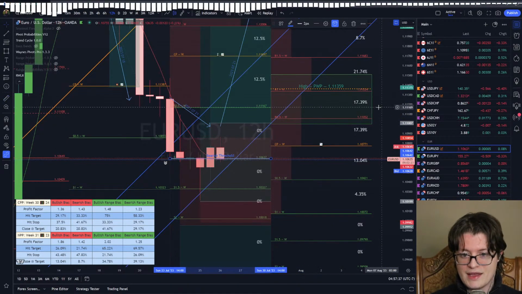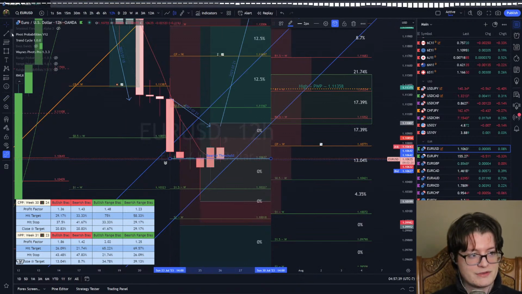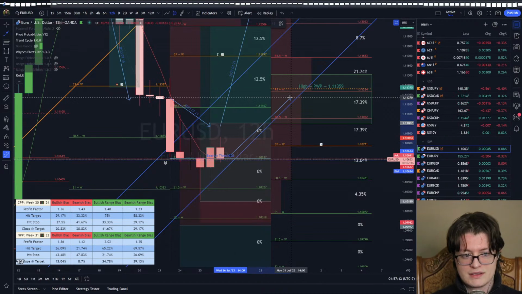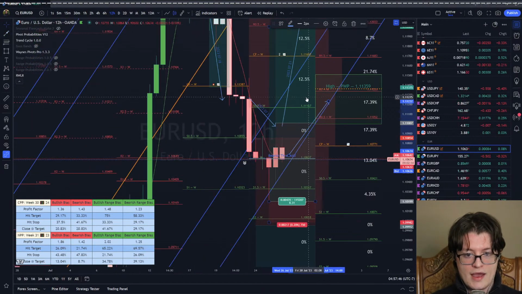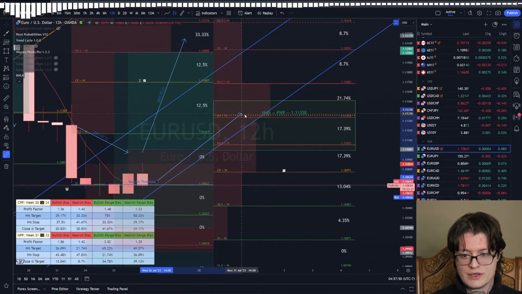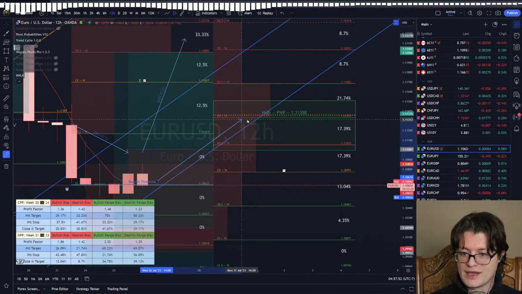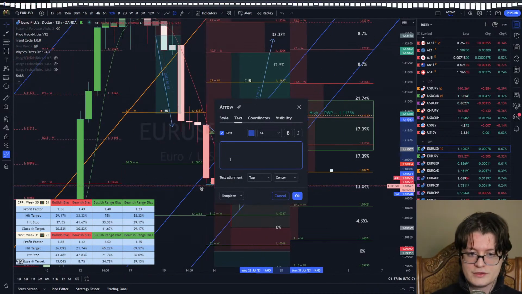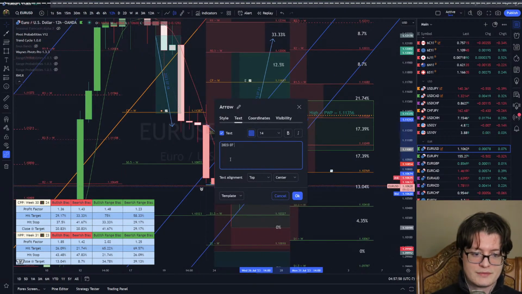That could be about 60, 70 pips. Effectively something along these lines here. And now I have my probability saying, okay, going into this price range above 111 is in the cards. I'll go ahead and timestamp this.